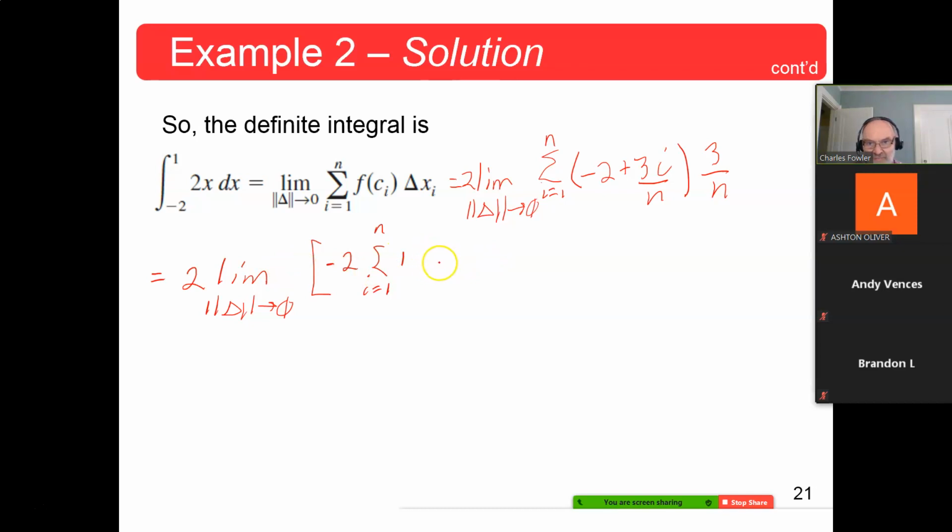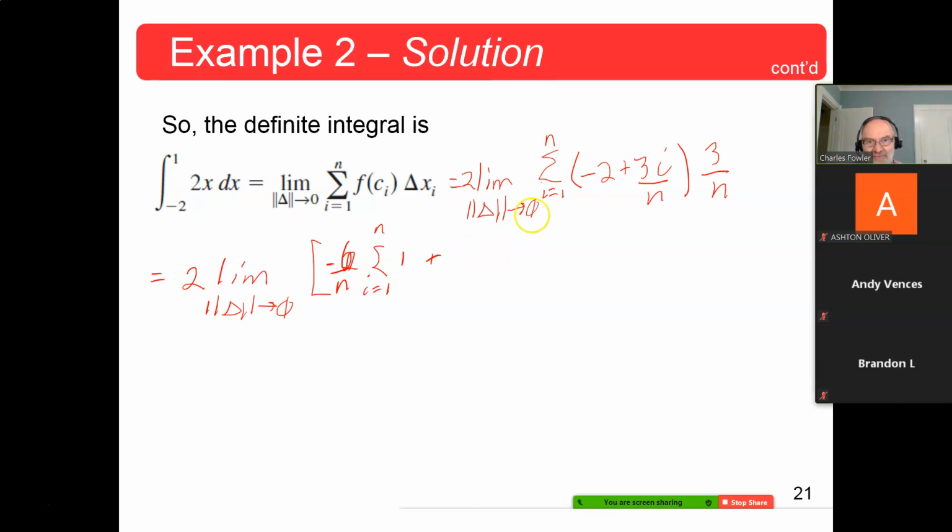Plus, now, oh wait, we also have this 3 over n, which does not depend on i at all, so this is actually going to be -6. I forgot to write that. -6 over n. The -2 from here, the 3 over n from there. Okay, so -6 over n times the summation of i equal 1 to n of 1.